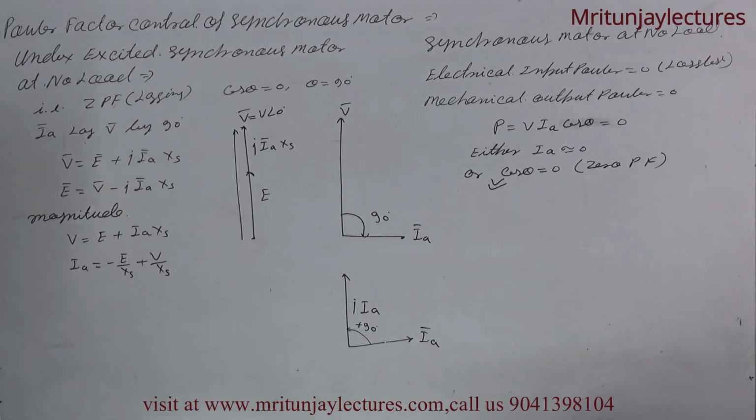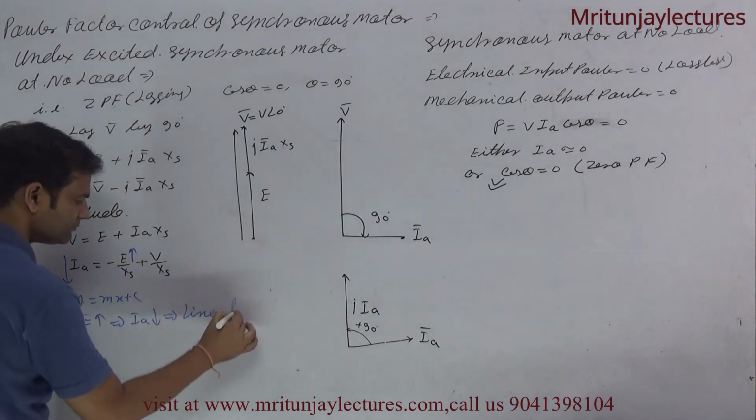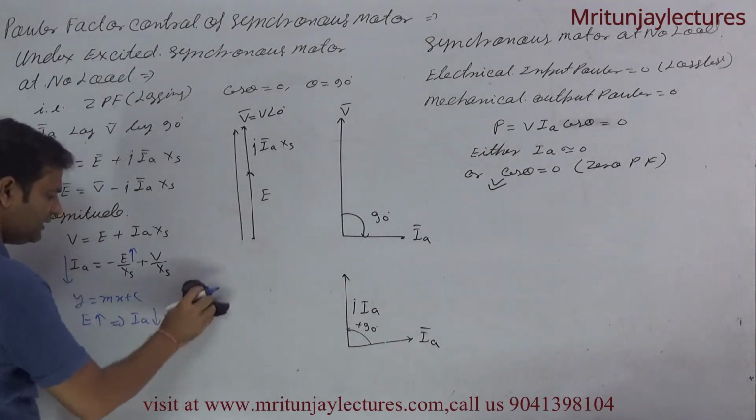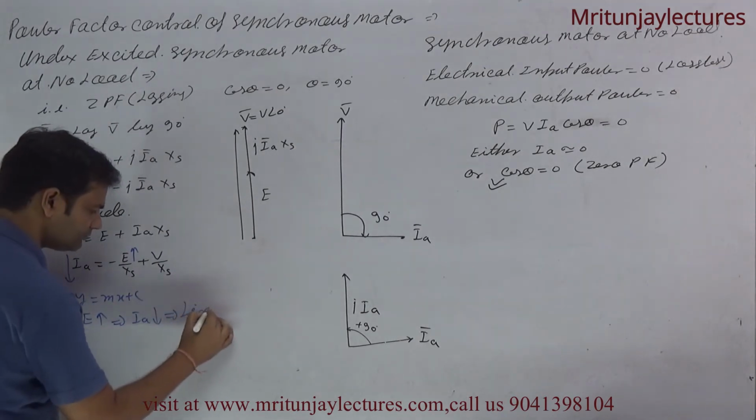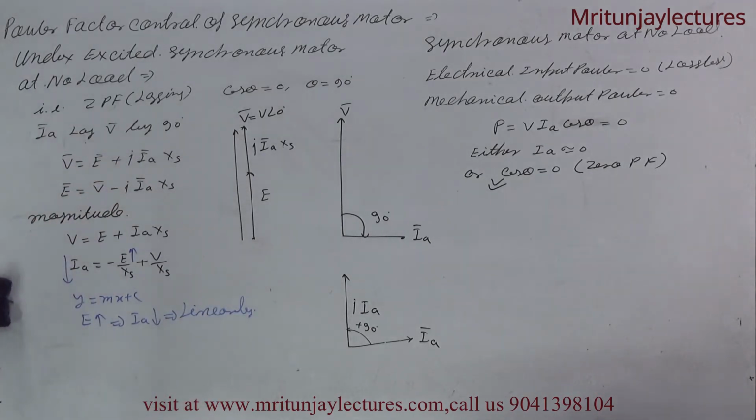Now in this case, if E increases, what about Ia? Ia decreases. Why? Because you compare with the line equation y equals mx plus c. In this case, if E increases, then Ia decreases linearly. Linear decrement. Okay, now how to make it?